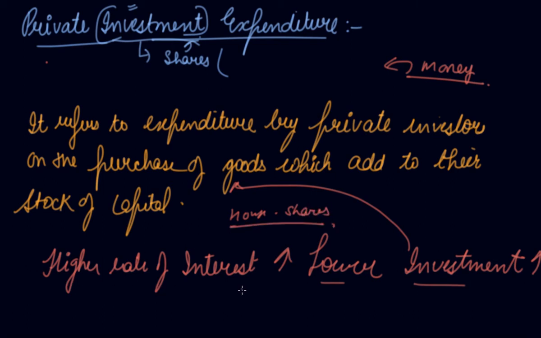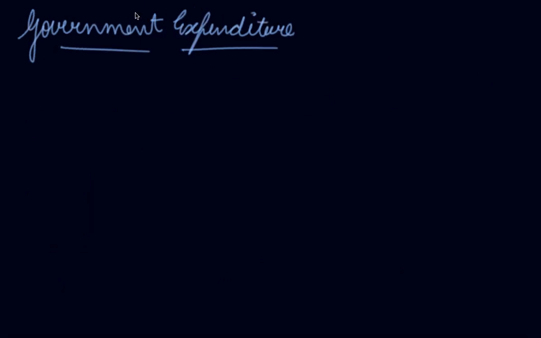So higher rate of interest lowers your investment expenditure, because in that case, if you're getting higher interest, why will you buy shares or invest somewhere else or purchase goods? You will save your money in the bank. So higher rate of interest reduces your investment expenditure.